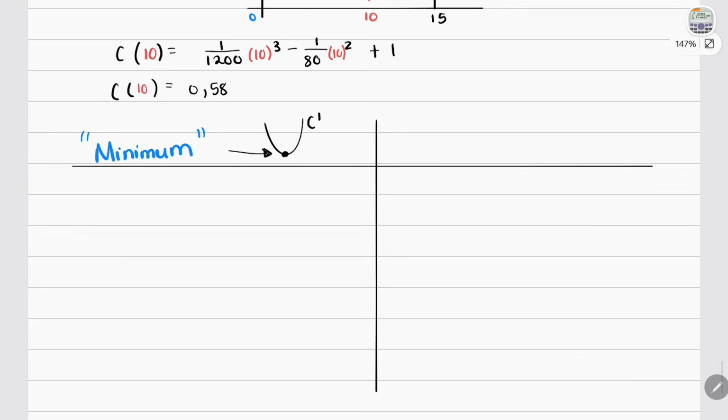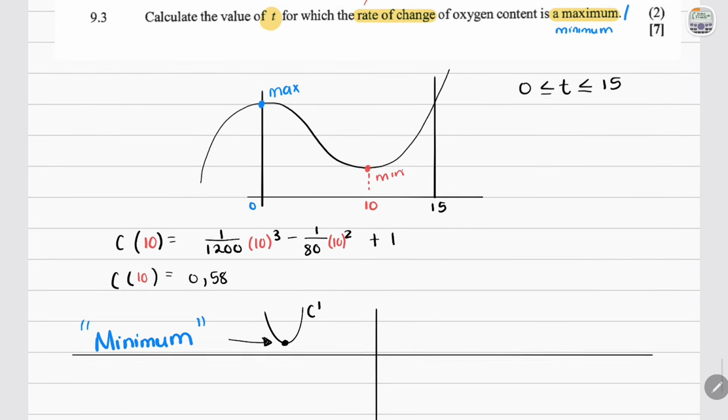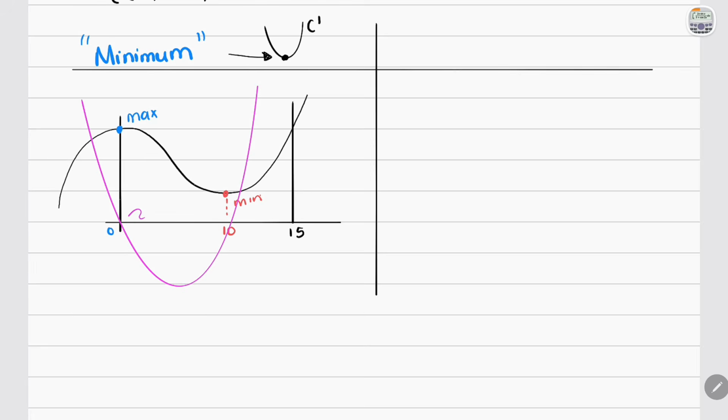If this is what they meant, then you're simply going to find that minimum value, and you'll find it because once you have the parabola drawn down, you can see that the lowest value this parabola will reach is at the turning point of the parabola. Here I'm just going to draw it like this. The parabola is going to cut 0 and 10. These are going to be your x-intercepts.